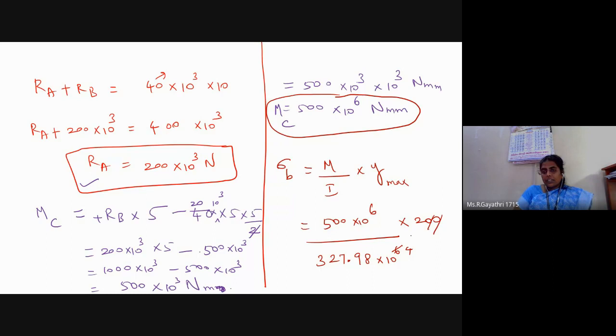Okay, if you substitute everything, you will get 304.9 Newton per mm square.